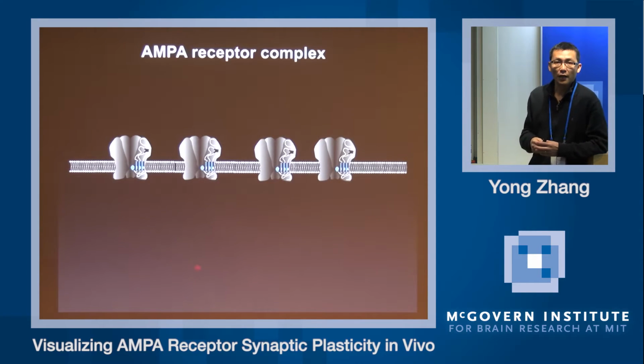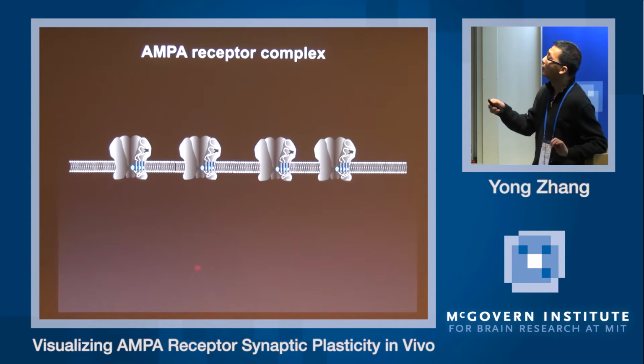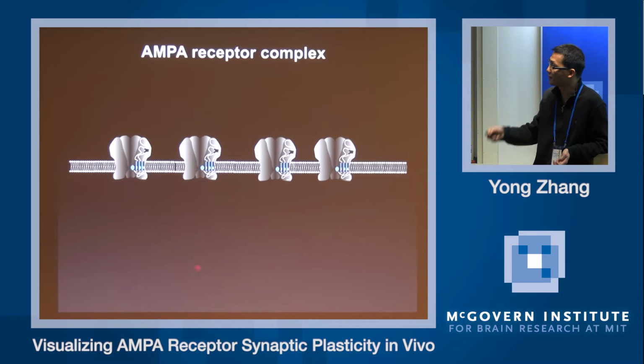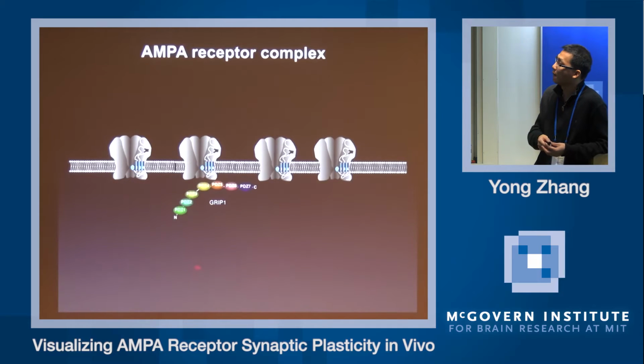So over the years, a couple of labs in the world, including our lab from Peking, have identified AMPA receptor complexes that play an important role in AMPA receptor trafficking and regulation and synaptic plasticity. Here I'm showing you a very oversimplified version of the AMPA receptor complex.